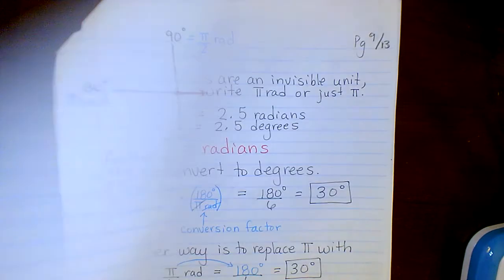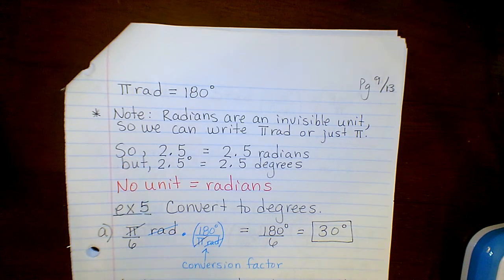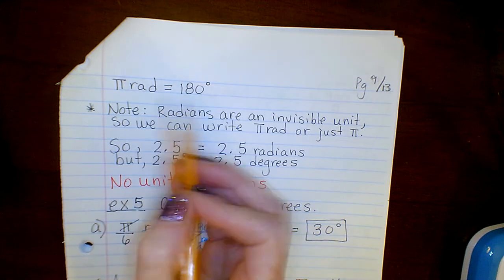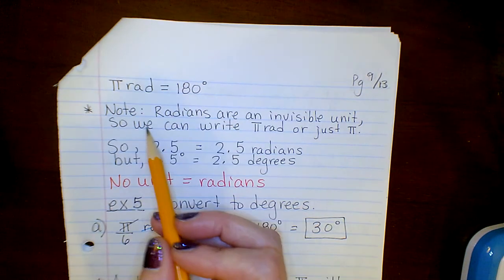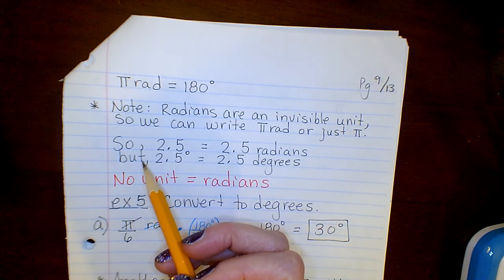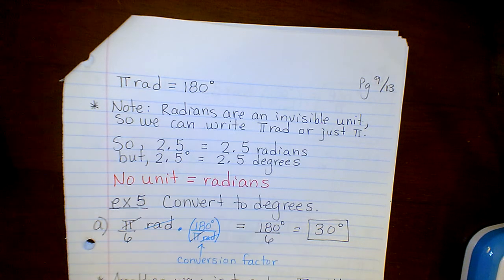Okay, so let's talk about how to convert between degrees and radians, because there are instances where we're going to need to use radians instead of degrees. Now, pi radians is the same as 180 degrees. Radians are what's called an invisible unit, because of how they're derived from that arc length formula.